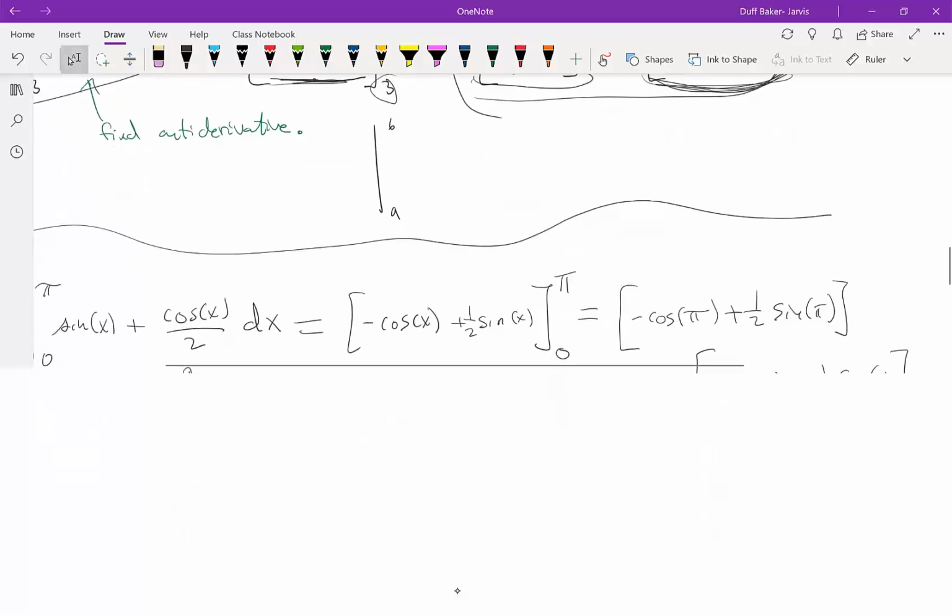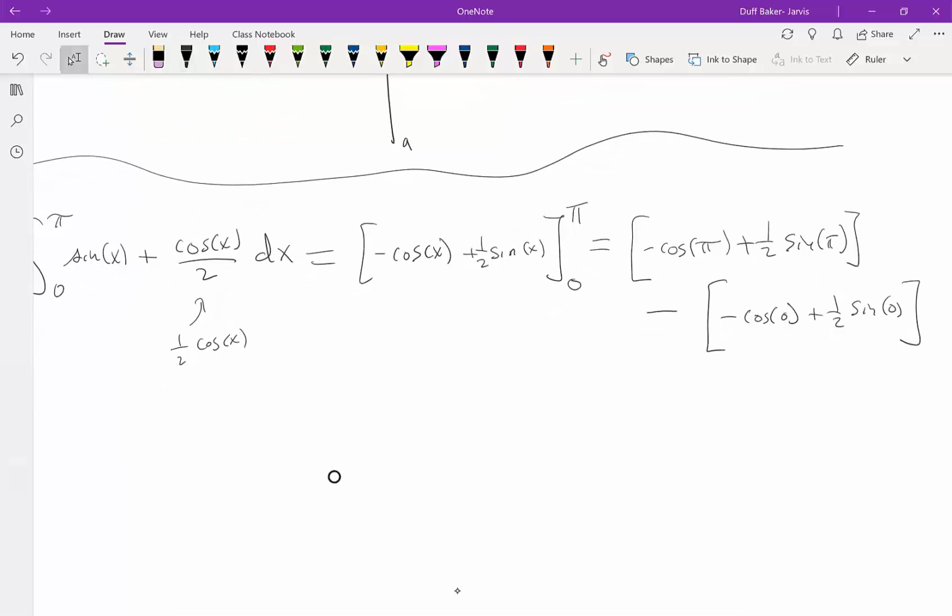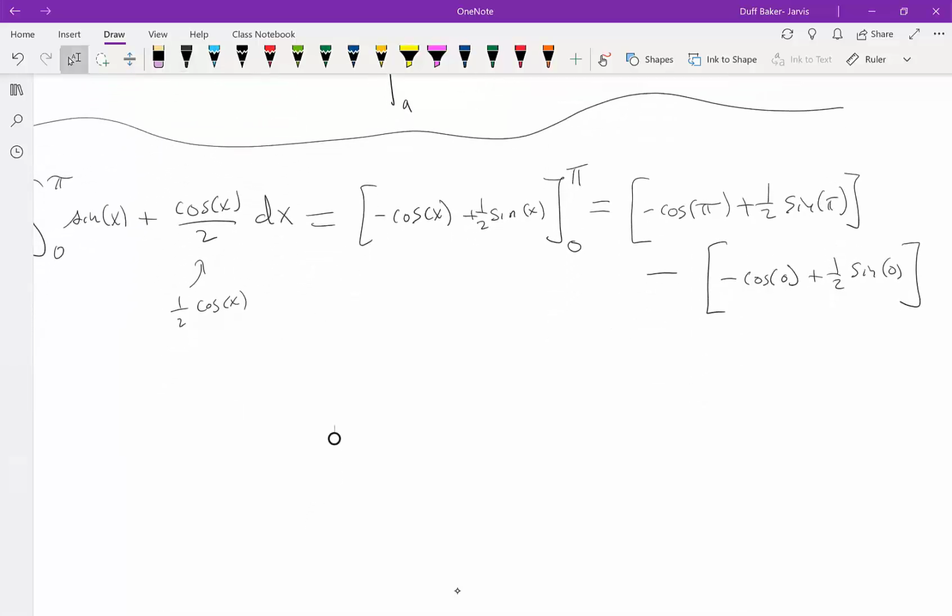And that is something we can figure out fairly easily. So let's see, cosine of pi is -1, so we get minus -1, sine of pi is 0, cosine of 0 is 1, sine of 0 is also 0. Let's match our brackets. So we get 1 plus 1 is 2.